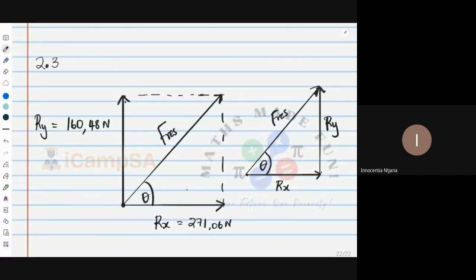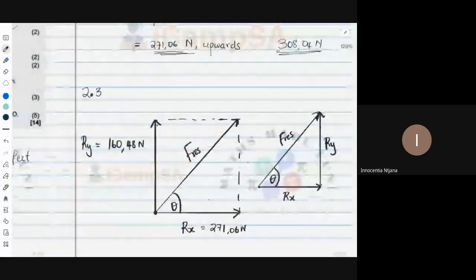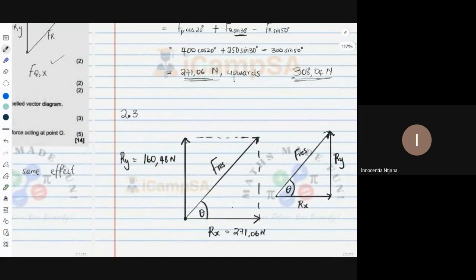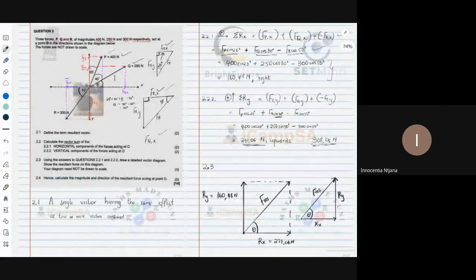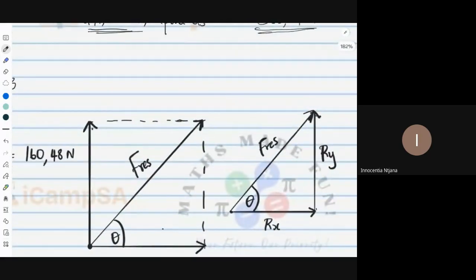Okay. So yes, this is what they want in 2.3. They didn't ask us to find the resultant vector yet. They just said we should draw a labeled vector diagram. By labeled, they mean each vector you must tell us what it is.